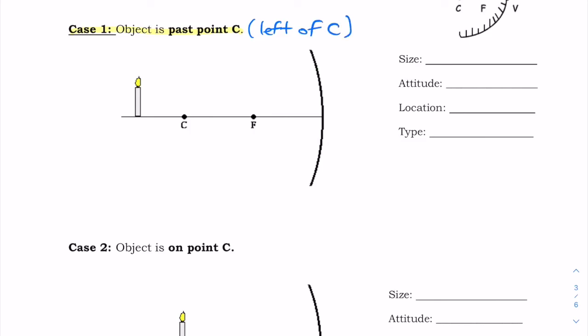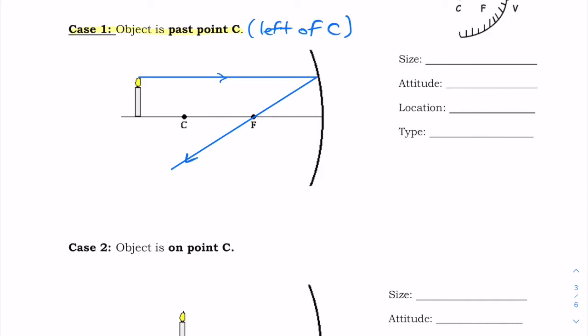Okay, so here we go. I'm going to draw the 4 rays of light. By the way, the order you draw these in doesn't matter. So the first one I'm going to draw is a ray of light parallel to the principal axis. This one reflects and passes through the focal point. That's number 1.